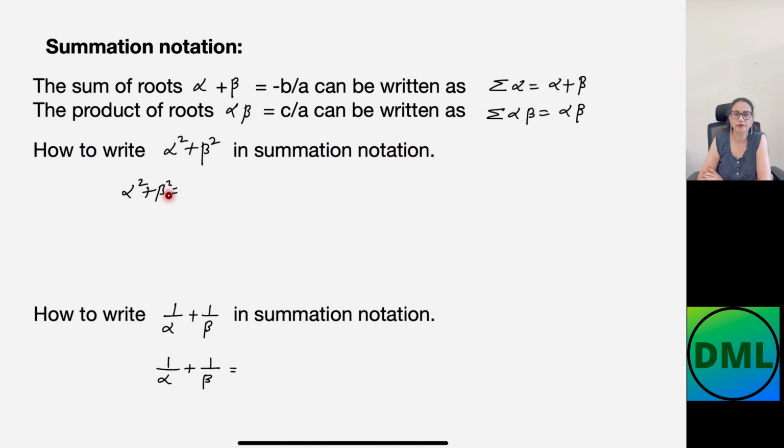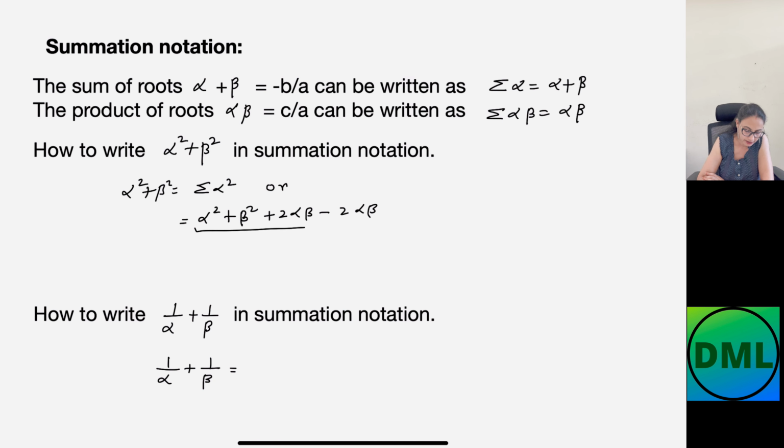If I have to write this in the summation notation, first I have to write alpha square plus beta square in terms of alpha plus beta, because we know the value for alpha plus beta is minus b over a. To convert this, I have to write alpha square plus beta square, add plus 2 alpha beta and subtract 2 alpha beta to convert it into the formula for alpha plus beta the whole square.